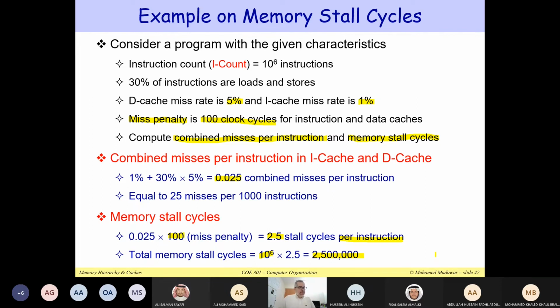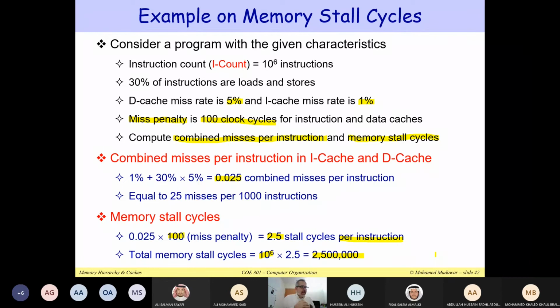So this is actually measured by the circuit designers. How long does it take to access the main memory? This is measured in nanoseconds, depending, of course, on the delay inside the main memory. And it's converted from nanoseconds to clock cycles, depending on the clock rate or the clock frequency used in the CPU.